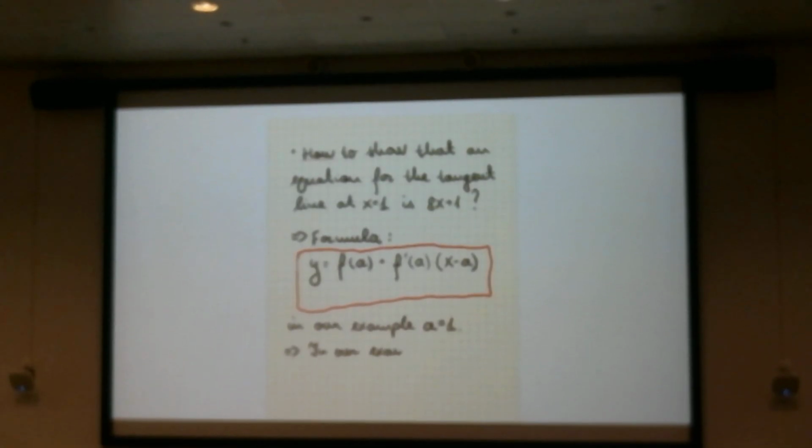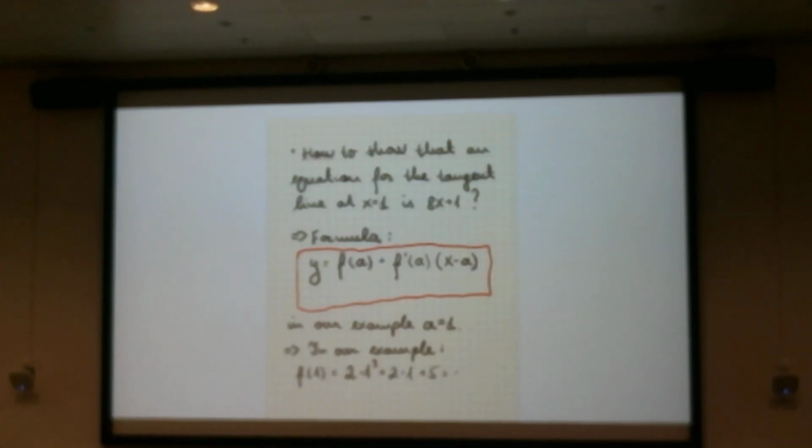We just need to match the numbers. What I need to do first is evaluate f at 1, so I need to insert 1 into the function. My function was 2 times x to the power of 3 plus 2 times x plus 5, so 2 times 1 to the power of 3, plus 2 times 1, plus 5. I'm just inserting the point I'm interested in into the function.